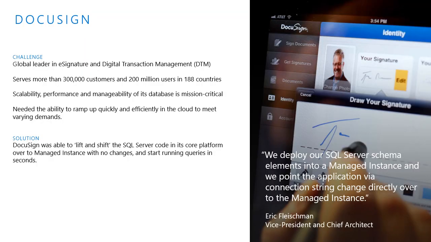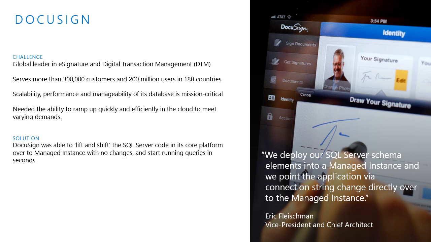So a few customers have signed up for this one, and I'd like to point out a few of them right now. So DocuSign, if you're familiar with a company called DocuSign, they offer a solution wherein you can turn any paper document into an electronic document, and at the same time use this paper document to the DocuSign system, get a scan copy, and then you can use your touchscreen finger or your stylus to sign on the electronic copy.